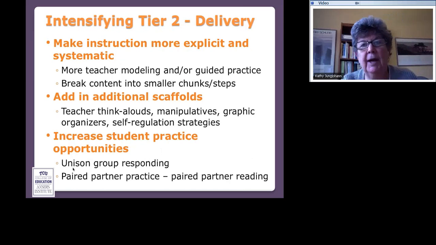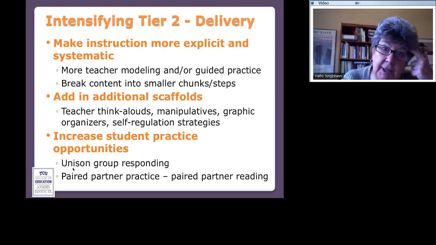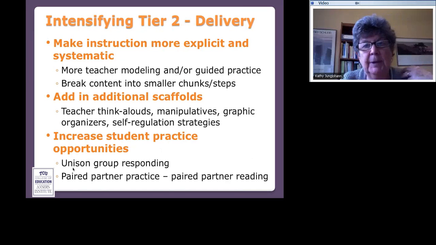In terms of intensifying the delivery of instruction, making the instruction more systematic and explicit by breaking the task down into smaller chunks, providing more teacher modeling. We might need to add in additional scaffolds. This might be with teacher think-alouds, using manipulatives to teach math concepts, using graphic organizers such as story maps for story comprehension, or using self-regulation strategies as a scaffold.